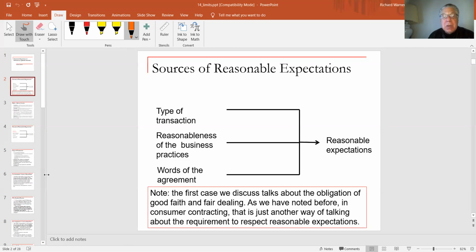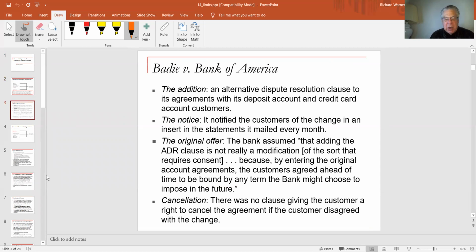And our three-part test that you're looking at, of course, came from our discussion of the Stephen case earlier, which talks about reasonable expectations. Okay, so that's just by way of terminology so that there's no confusion about whether we have two concepts or one concept. We have good faith equal reasonable expectations.